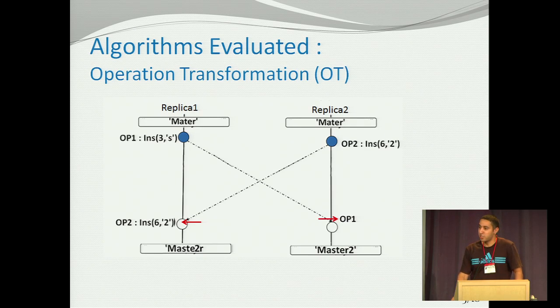It didn't take into account the effect of concurrent operation OP1. Then to have a correct document, instead of inserting character 2 at position 6, we insert it at position 7.